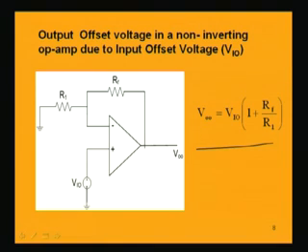And there are ways to overcome this offset voltage, but we are not going to discuss those details. We only want to emphasize that there is a DC condition already prevailing, meaning we have a DC voltage already at the output, that is called the offset voltage, and that is to be balanced first of all.